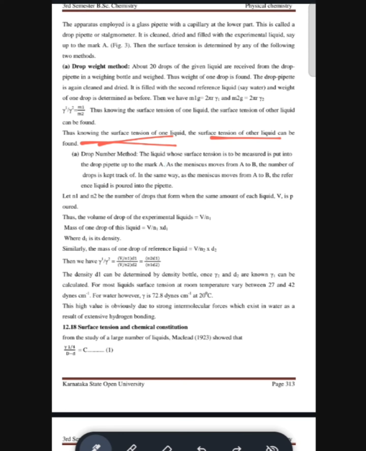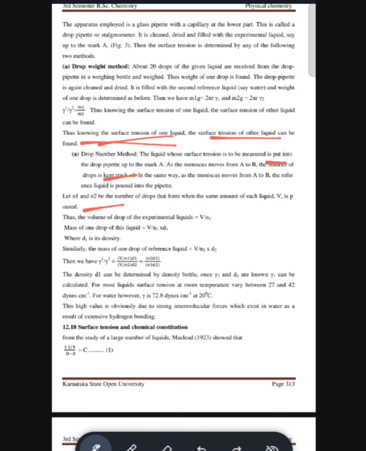In the drop number method, the liquid whose surface tension is to be measured is put into the drop pipette up to the mark, and it moves from A to B. The number of drops is tracked, and in the same way the other liquid moves from A to B. So here you can take two different liquids, with N1 and N2 the number of drops formed when the same volume V of each liquid is poured.